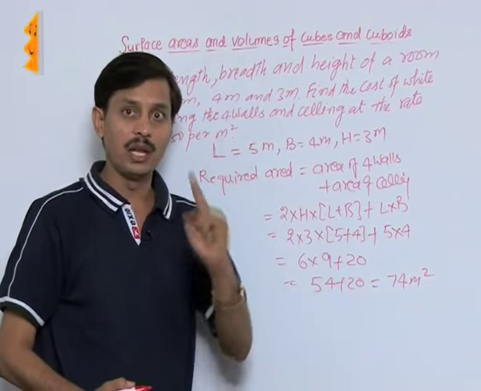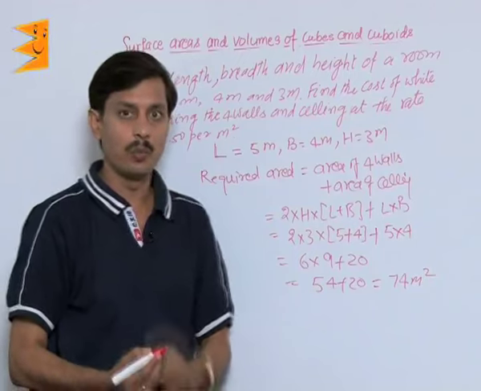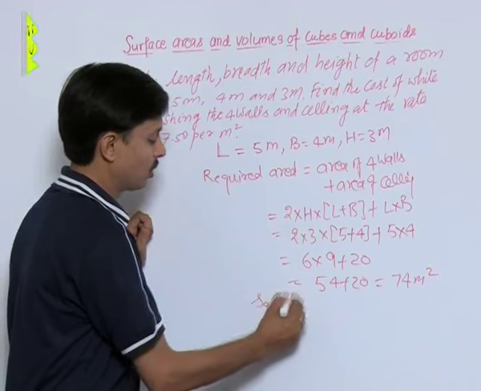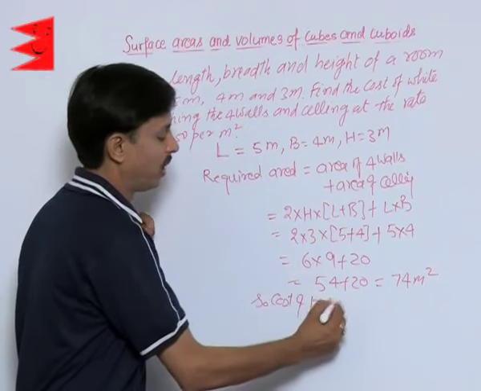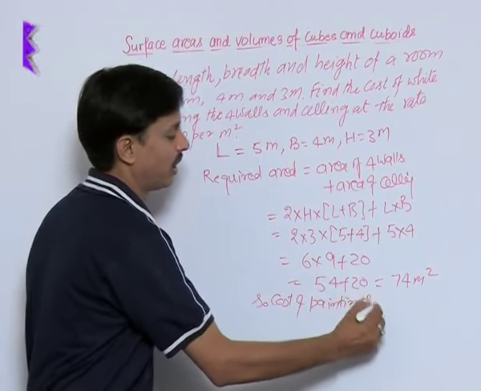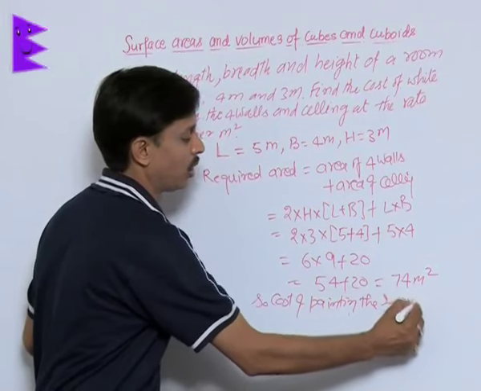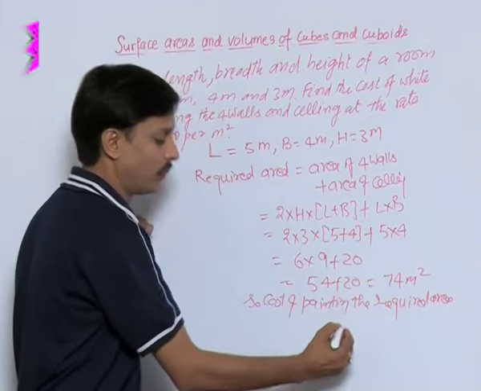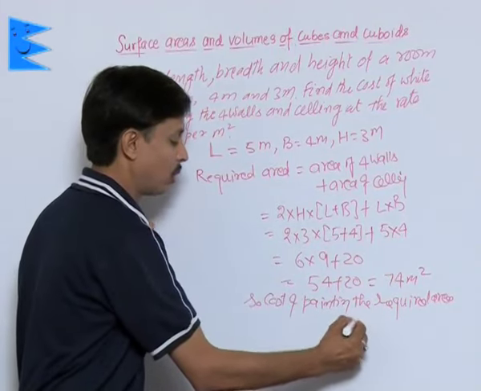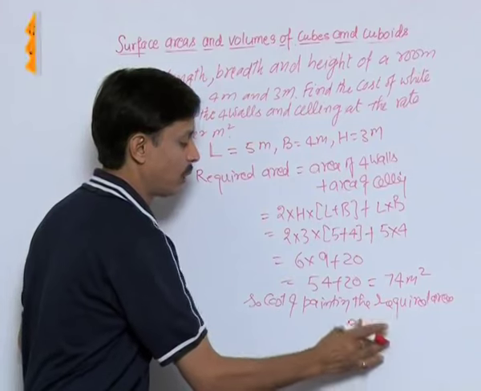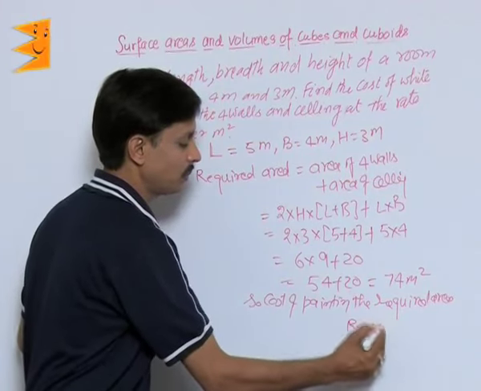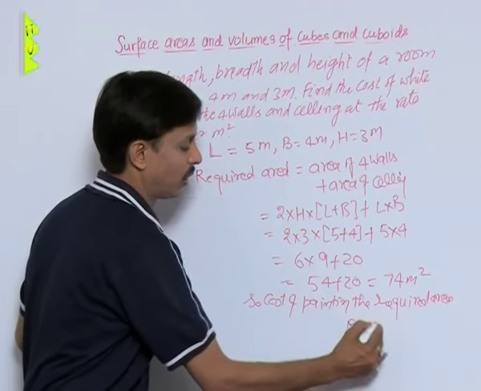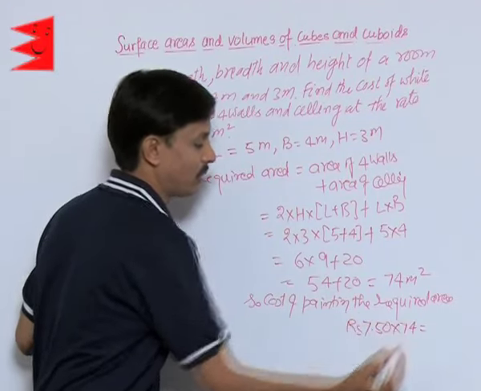The cost of painting 1 meter square is rupees 7.50. So the cost of painting the required area, which is 74 meter square, becomes rupees 7.50 into 74.